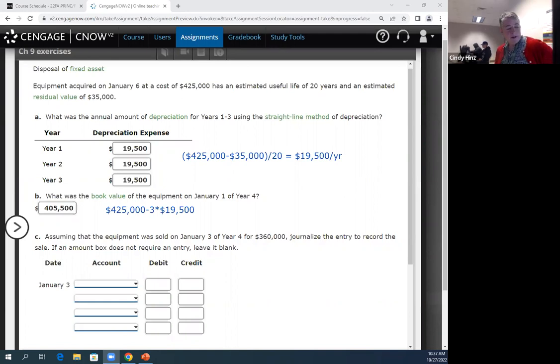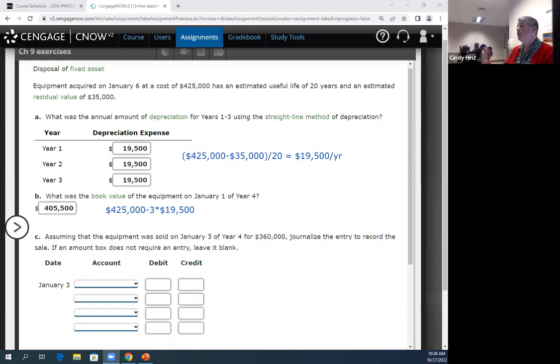Now, the way we've talked about it, one thing depreciation is not is an effort to make the value of that asset on our balance sheet be equivalent to its fair market value. That is, if we sold it today, how much could we get for it? That's not what depreciation is. As we've discussed it, depreciation is taking that upfront cost, determining how much of that we are going to use up, that is the depreciable cost, and then taking that depreciable cost and dividing it across the useful life using one of those 3 methods.